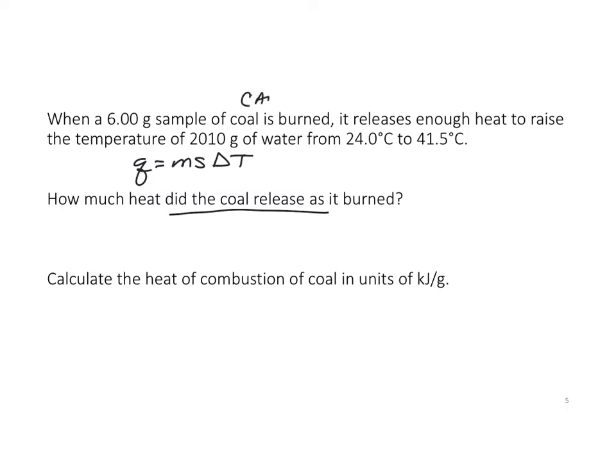Coal is carbon, and I must look up the specific heat of the carbon. So I'm going to the table. And we see carbon graphite. So we're going to go with carbon graphite.